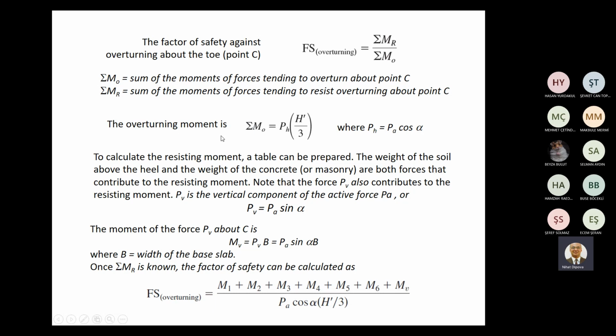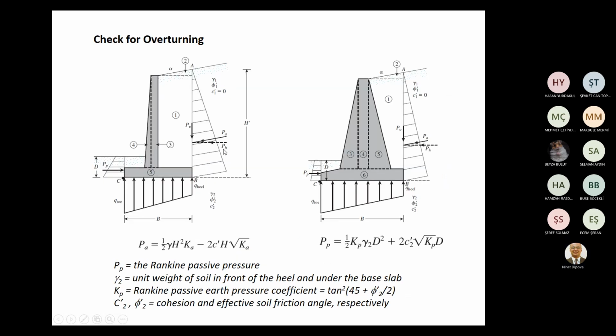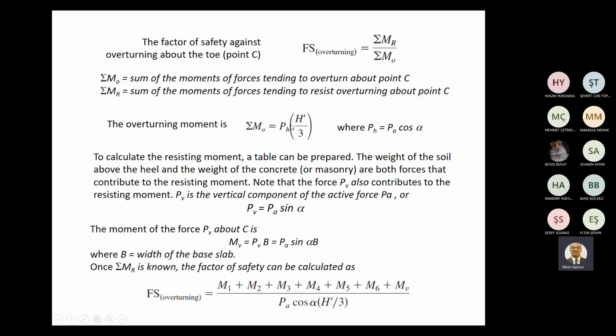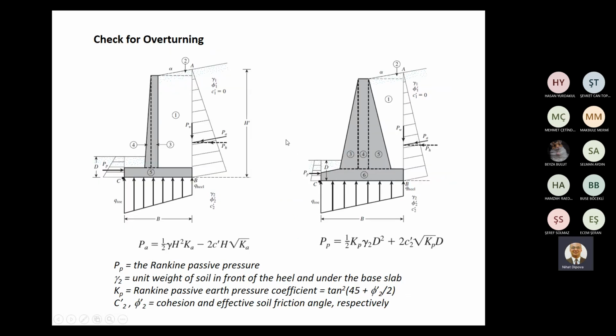Actually, the overturning moment will be equal to, because the reason for this overturning moment is the horizontal component of PA, Ph, the horizontal component. And where does Ph apply?